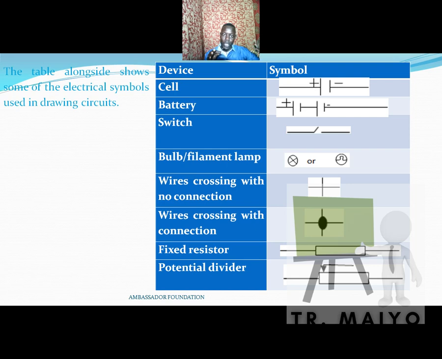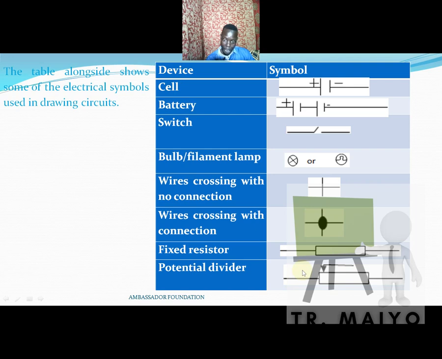Even if you want to use the lower road, you will have to go and maybe connect from somewhere else. Then we have those roads, the ones we have at home. They cross each other with connection. So when the wires are having connection, meaning a current flowing from here can easily divert to the other wire. So when they have connection, you shade to show those wires are crossing with connection. This one is without connection.